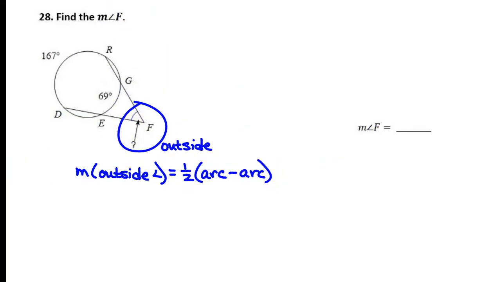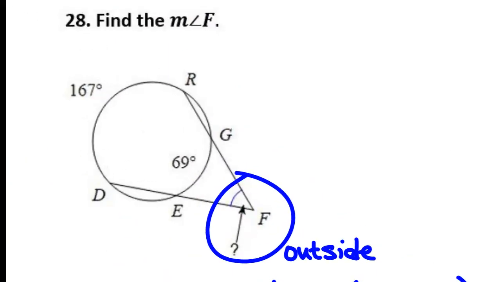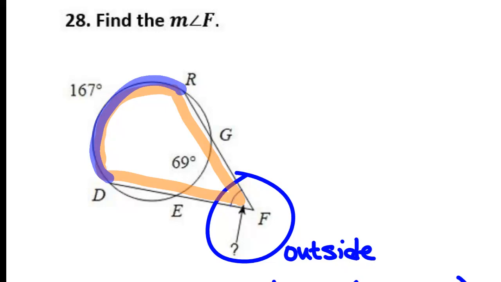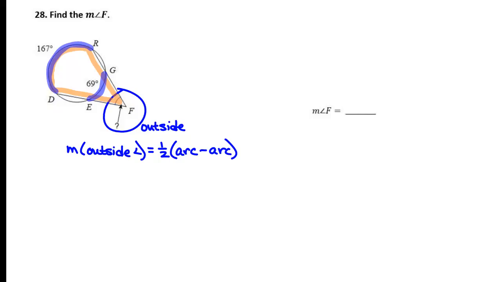And it has to be the two intercepted arcs. So I'm looking like this. Here's one intercepted arc, and here's the other intercepted arc.